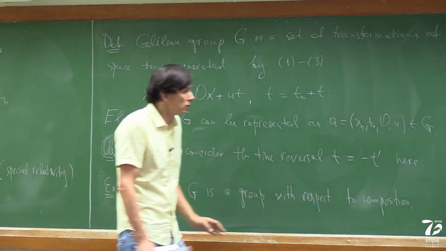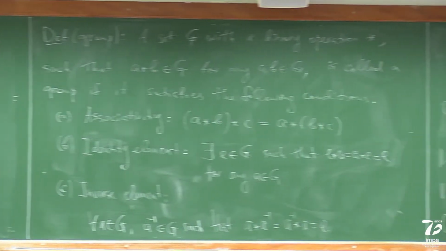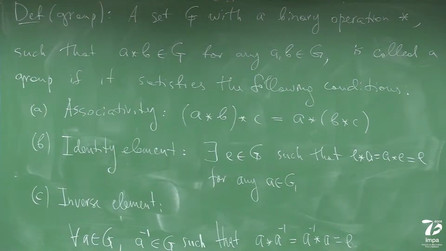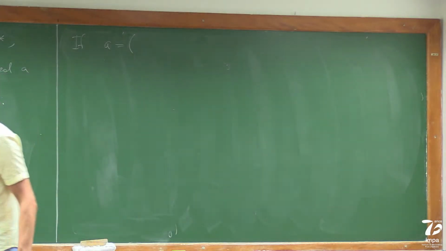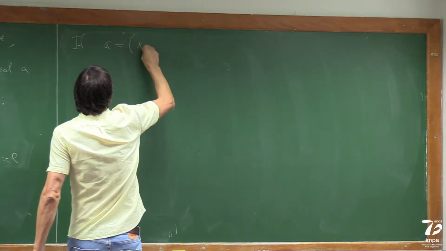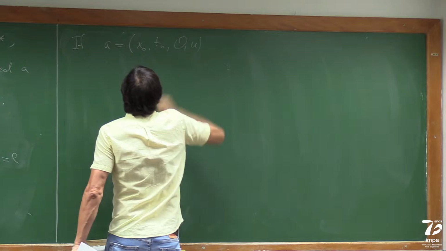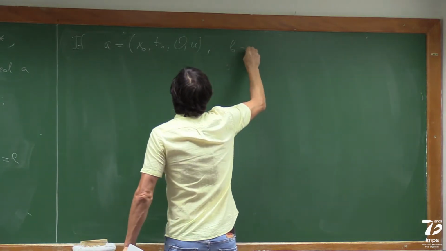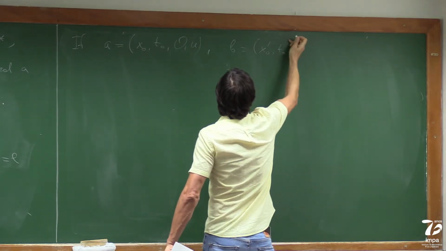So it means that if A is given by this transformation, B gives you another transformation, let's put tilde.